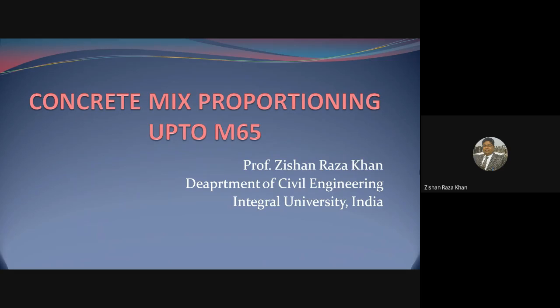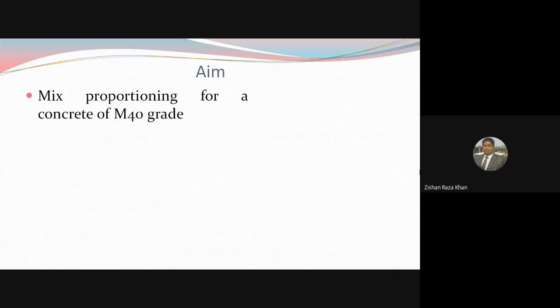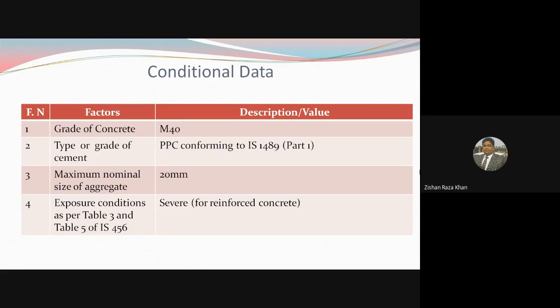In Lucknow Metro, the maximum grade of concrete being used is M60, and in the upcoming projects of Kanpur and Agra Metro, it is also M60. So it is a highly used mix design, and up to M65 the mix design procedure is the same. So let us take a mix proportioning for M40 grade of concrete.